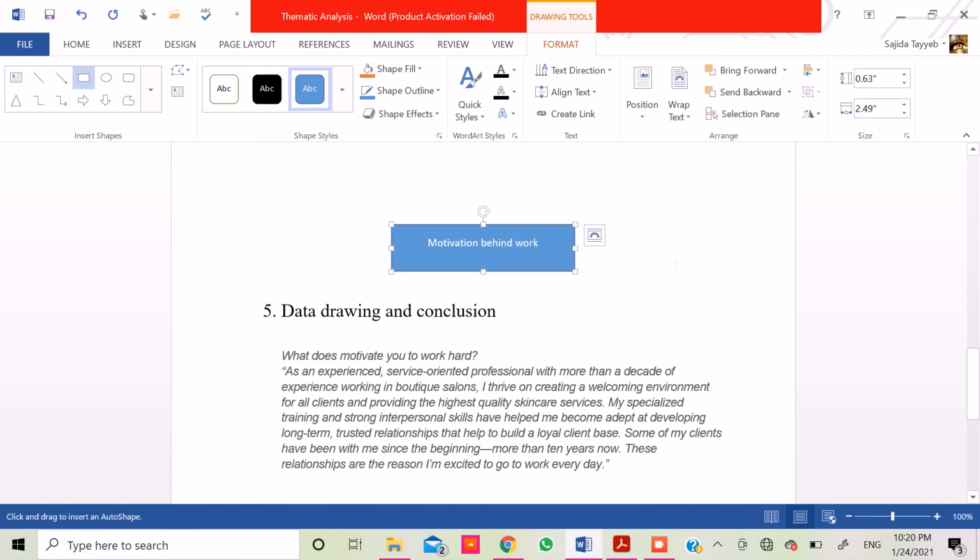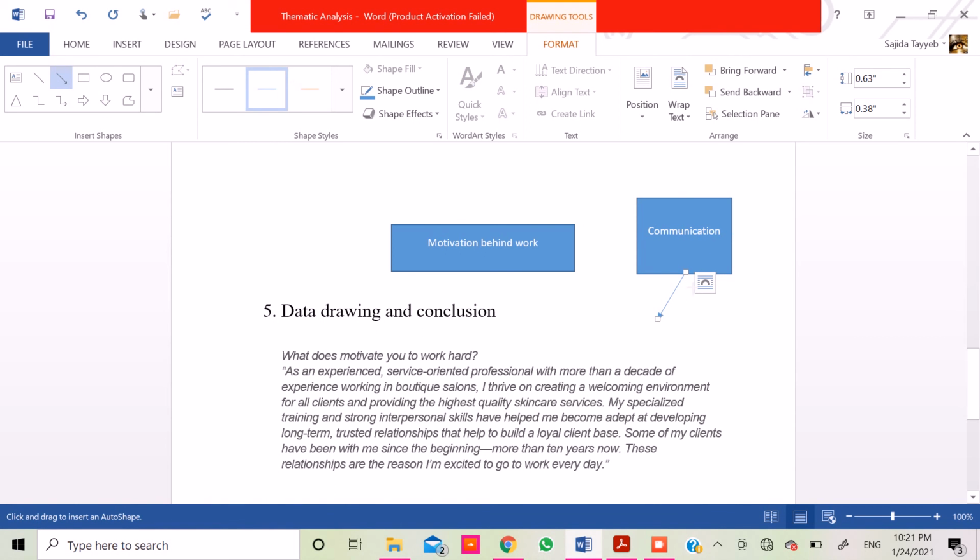So here you can use another one. Here you can place, what was it, the first thing that we did? It was communication. So when we have communication, within communication, how many did we have? We can simply use these arrows, for example, and then you can play with all these figures and display how your data is basically like.